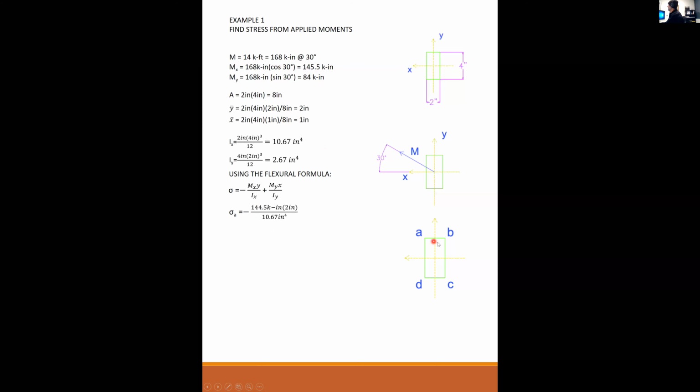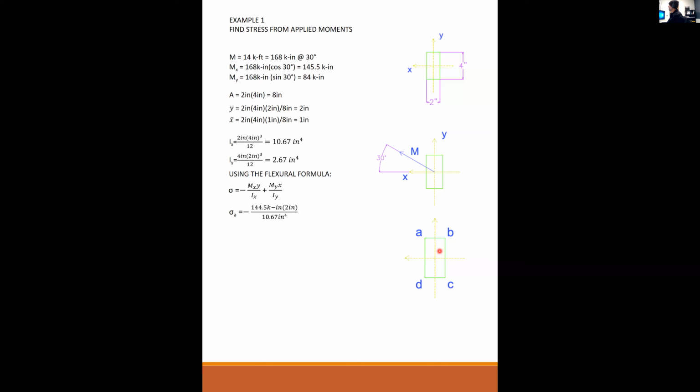Now at A, what is the y distance to the corner at A? Well, the y distance is the distance perpendicular to the x-axis. So it's this distance here.